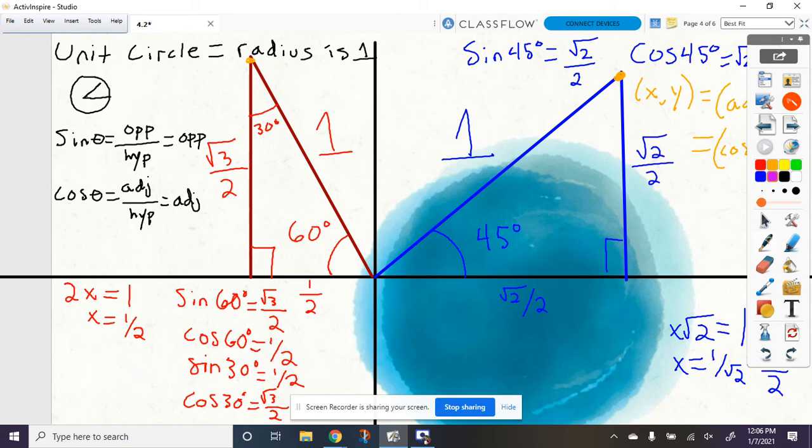The only difference is, notice that, is this 60-degree angle in standard position? No, because remember that we said an angle in standard position has to go from the positive x-axis to the terminal side. Agreed? So if we wanted to label this red triangle with the angle in standard position, what angle would that be?